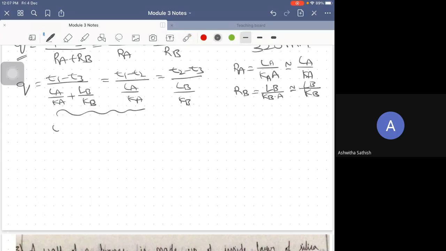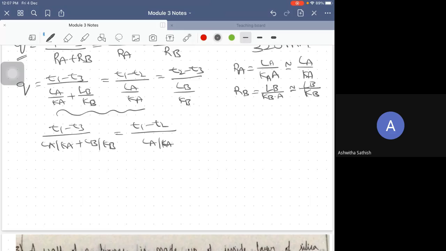It is T1 minus T3 divided by LA divided by KA plus LB divided by KB, equals T1 minus T2 divided by LA divided by KA. Substitute the values wherever required.